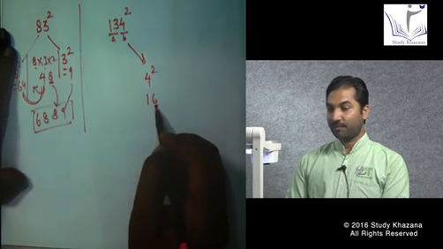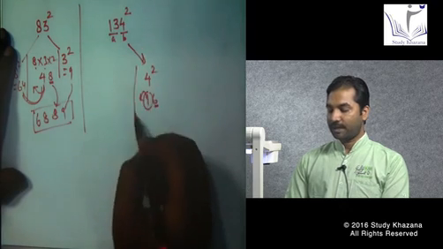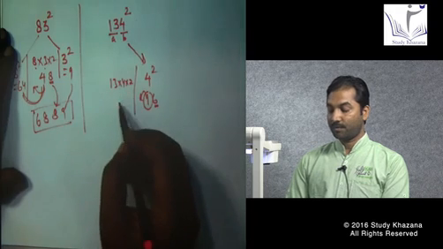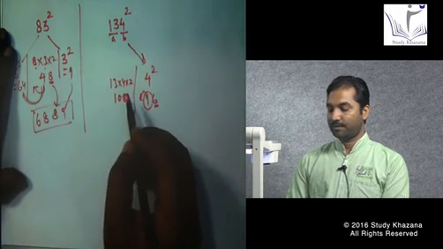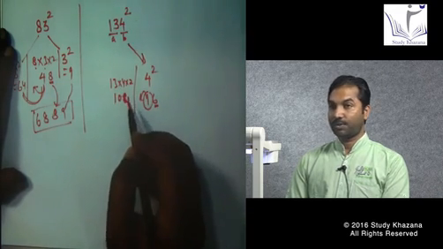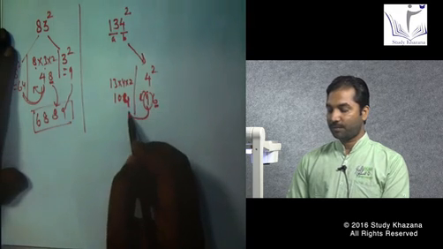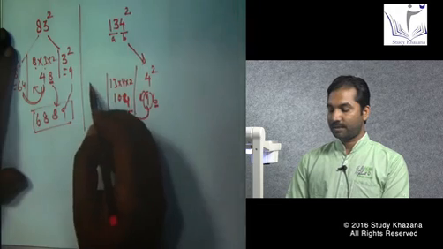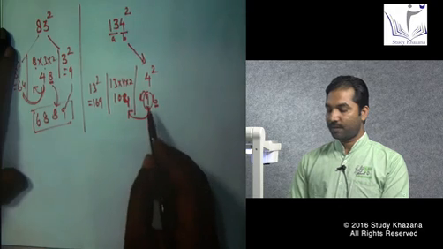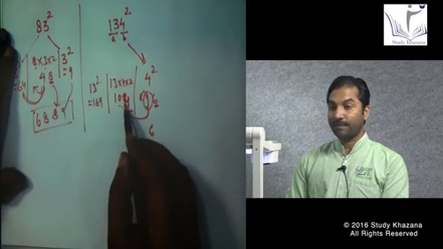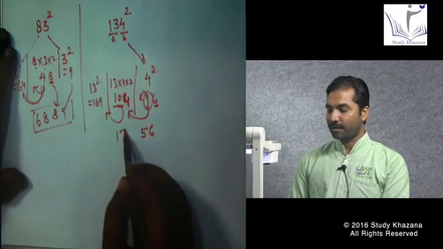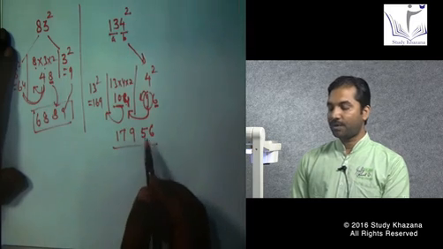So here write 6 and 1 is carried over, and in this section 13 into 4 into 2 becomes 104, and 1 is carried over, and next is 13 square, 169. So we can write here 6, and 1 is added to 104, it becomes 105, write 5, and the 10 is carried over to this side, it becomes 179, a square of 134.